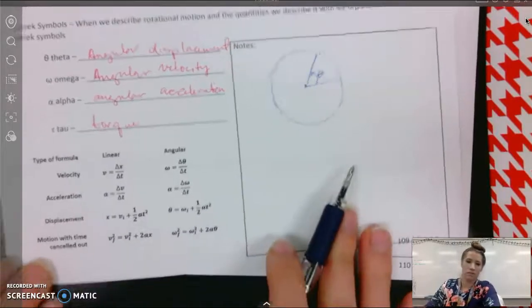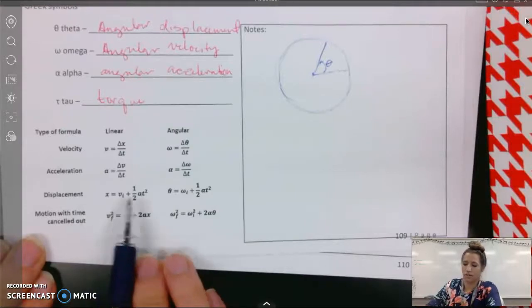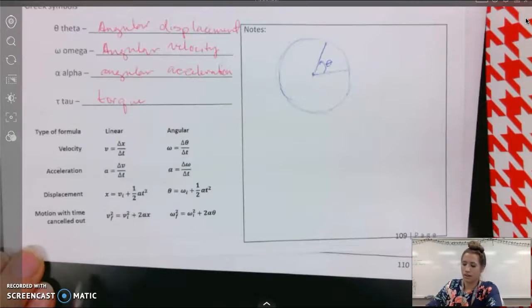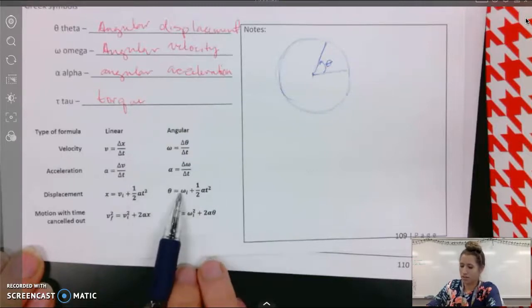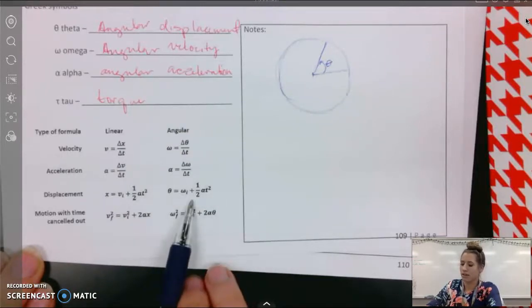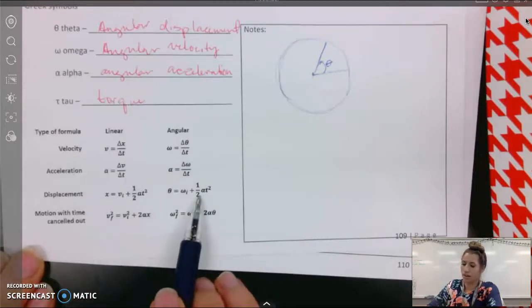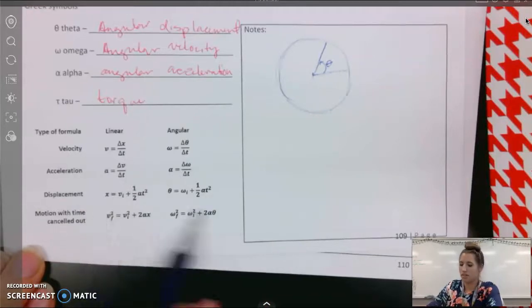A final position would be initial velocity times time plus 1/2 acceleration times time squared. And it turns out that our theta, our angular displacement, is initial angular velocity times time plus 1/2 alpha, which is our angular acceleration, multiplied by time squared. There are just these amazing correlations between the two.